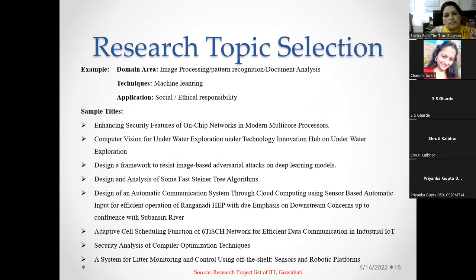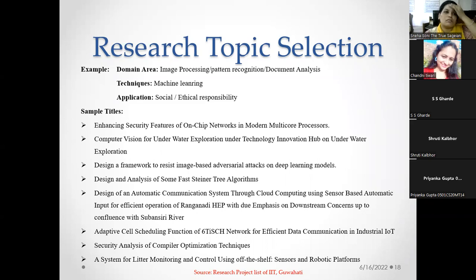This is one example of how you can go through it. Identify the research area. Suppose you identified a research area like image processing or pattern recognition or document analysis. Then after you have gone through all the papers, abstracts, conclusions, and collected all the notes available with you, you may go with the machine learning technique.